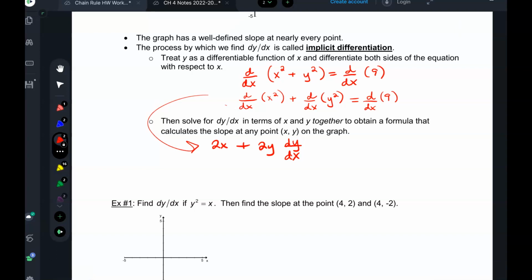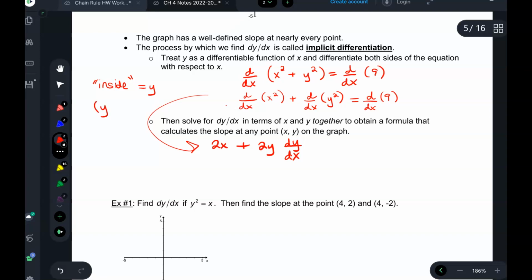Remember when we had the inside? If I'm trying to find the derivative of y squared with respect to x, we move the 2 to the front, y to the first, times the derivative of y. So times y prime, or in this case, I'm going to write it out as dy dx.